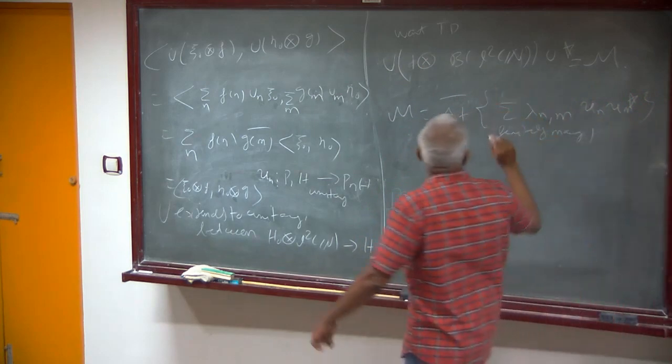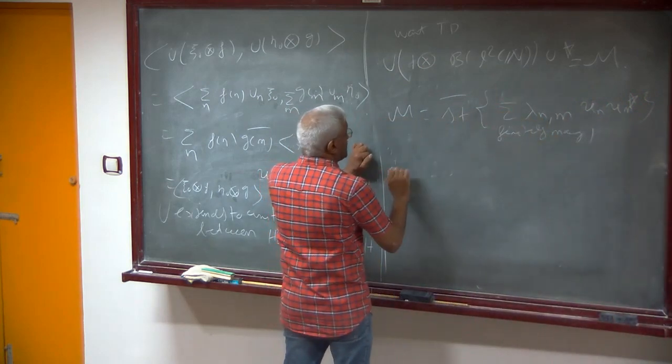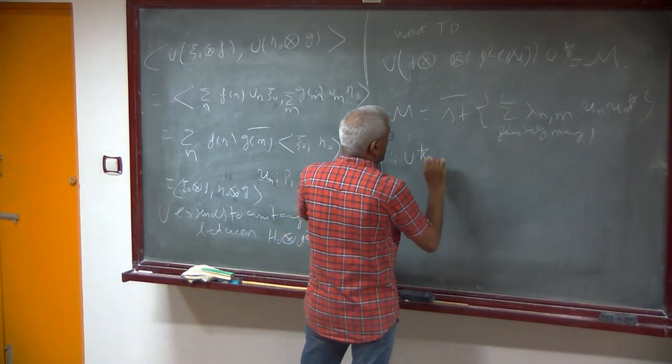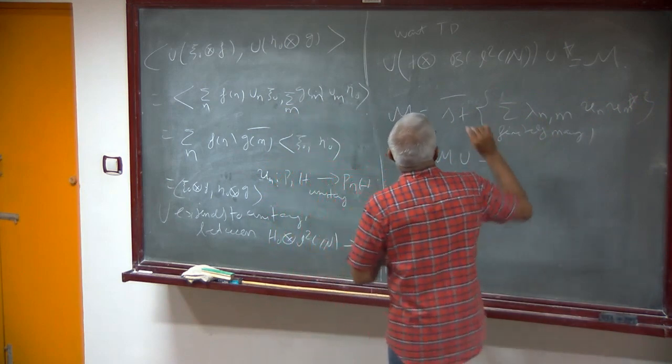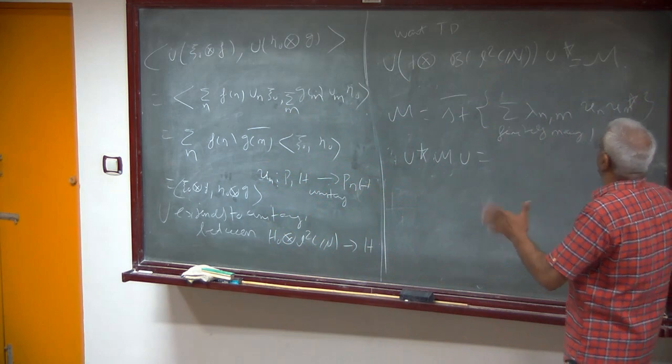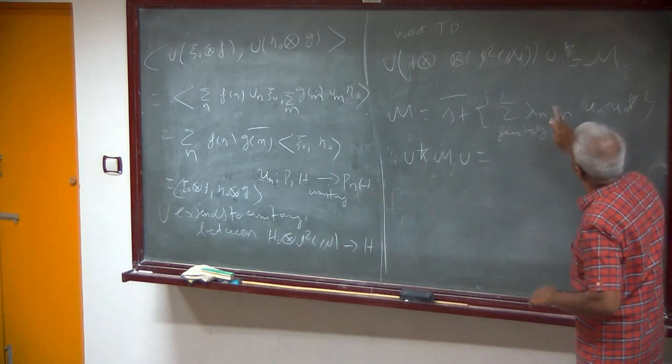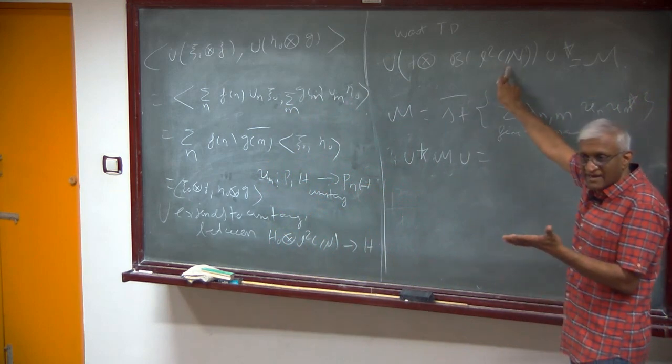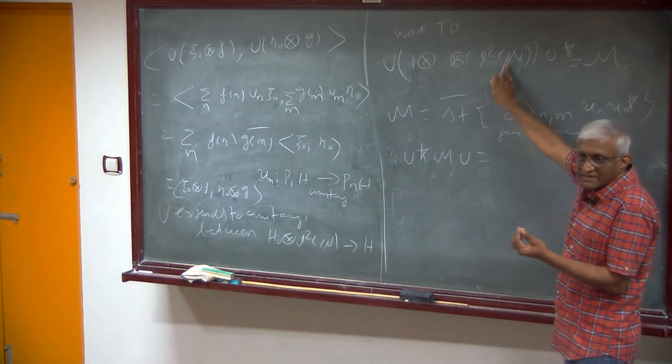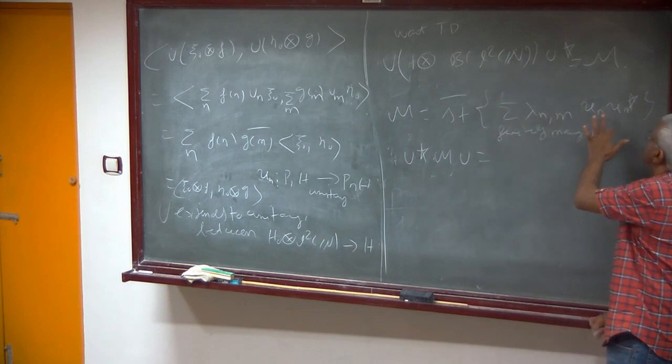Now, if you take u star m u, if you take finitely many of them, lambda nm, you will get the lambda nm as a matrix here. Or you don't have to worry, it is just one of them.